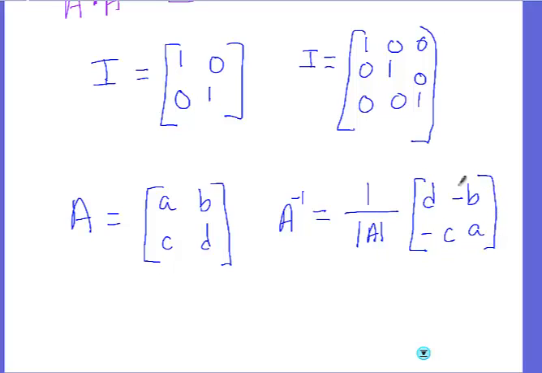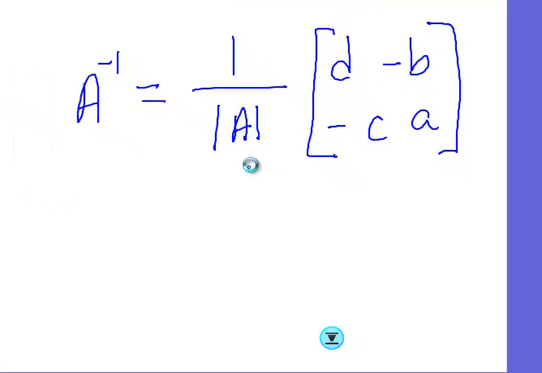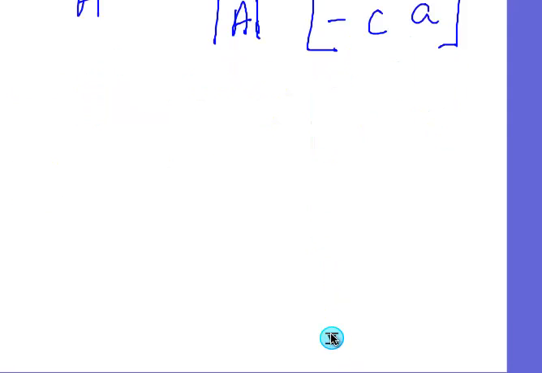This was derived from the formula for finding determinants of matrices, so just take my word for it. If you have a matrix A that is a, b, c, d, the inverse of A is 1 over the determinant of A times d, negative b, negative c, a. So in reality, you're just switching the down diagonal, making the up diagonal both negative, and then multiplying by 1 over the determinant of that matrix.